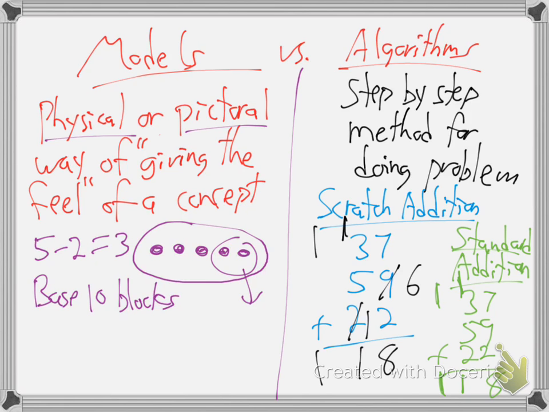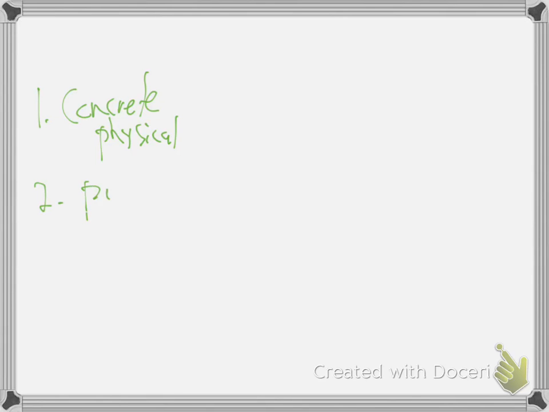And I talked about briefly last time, models are helpful because with any concept, you want to start at the concrete level, right? Concrete, physical, like base 10 blocks and, you know, beans they can add and remove and stuff like that. And then go to pictures, which is a little more abstract. They can't touch it, but they can see it.